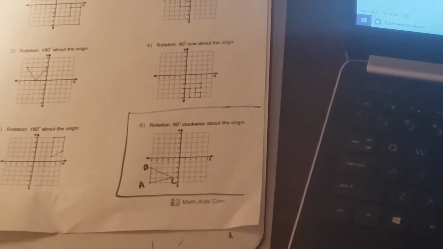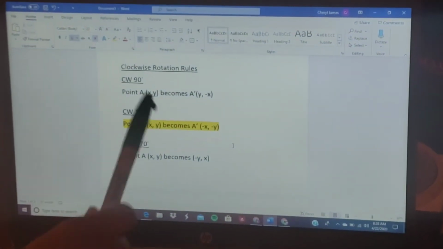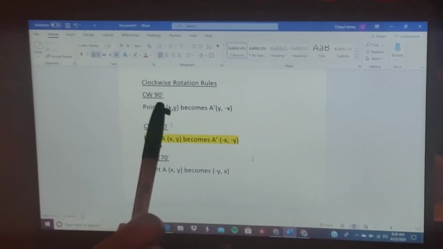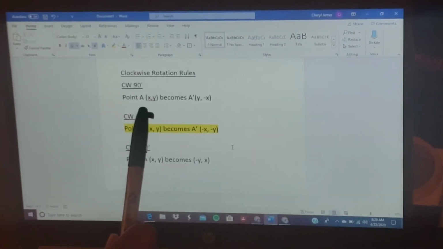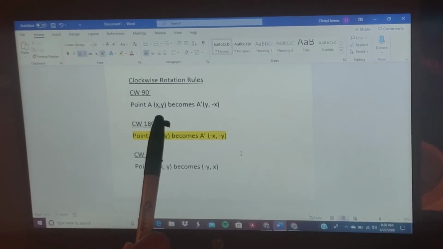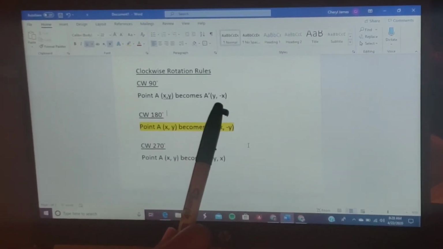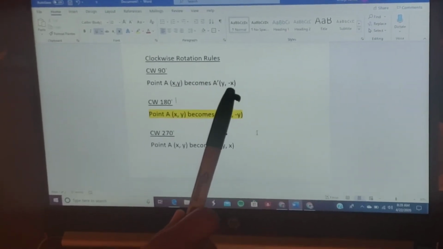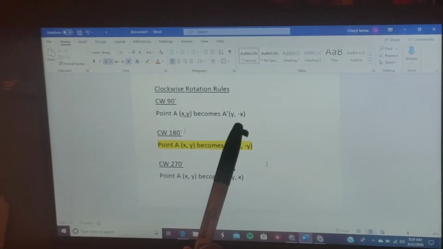Alright, let's go over our rules again. The clockwise rotation rules, if you're rotating clockwise 90 degrees, your points should change like this. If you have point A, X, Y, it should become A prime, Y, opposite of X. Don't say negative x, say opposite of x.